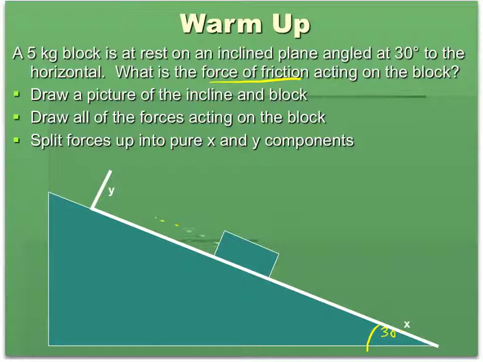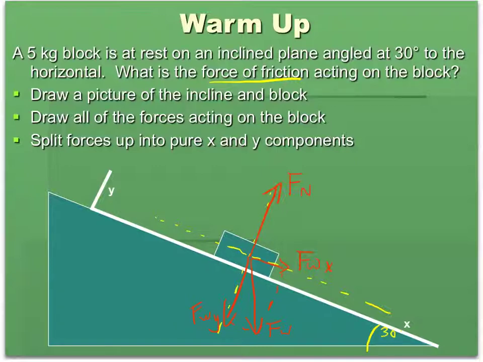And so we know that we have our new coordinate system on the block, and of the forces acting on this, we know that we have weight, which is acting straight down. We know that we have the normal force that acts perpendicular to that contact surface, and we can take our Fw and split this into Fwx and also Fwy.